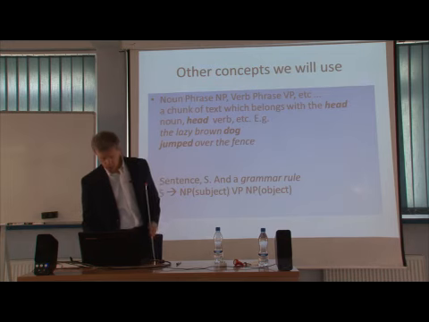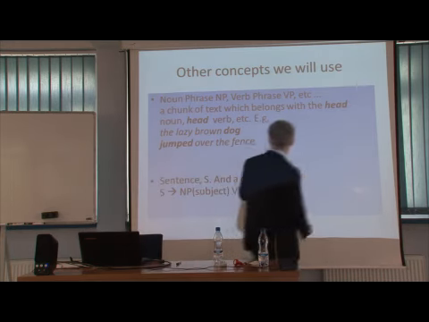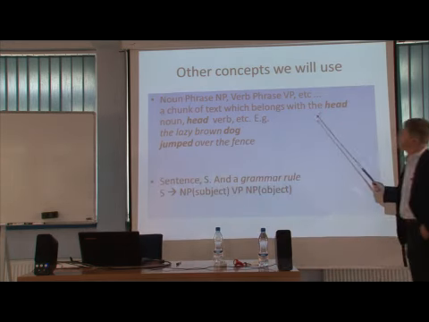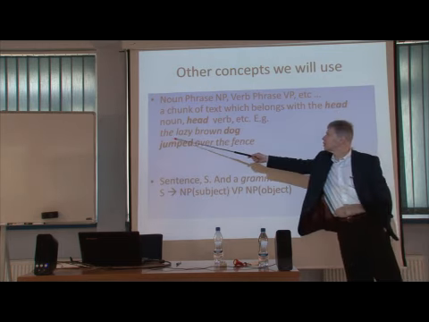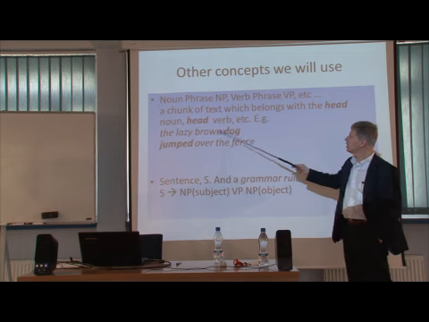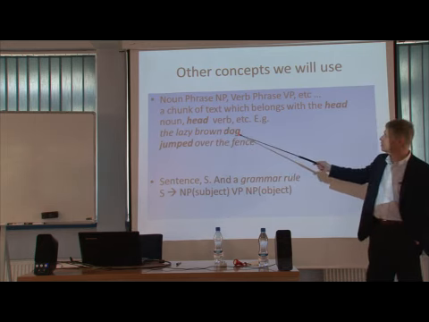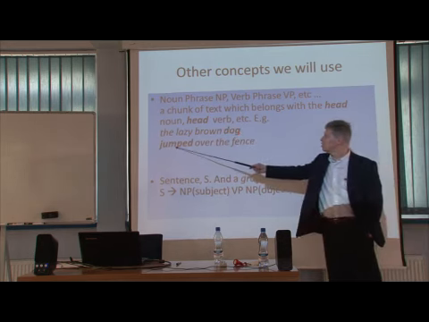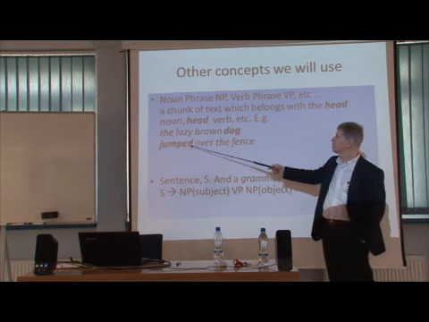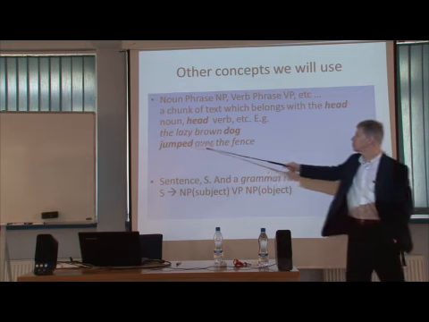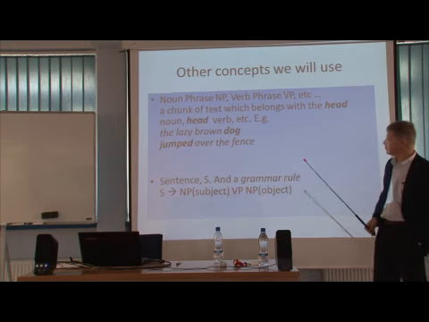What is important when discussing grammars is the concept of the head, head noun, head verb. So for instance, in the expression the lazy brown dog, dog is the head of the noun phrase. In jumped over the fence, jumped is the head of this verb phrase.